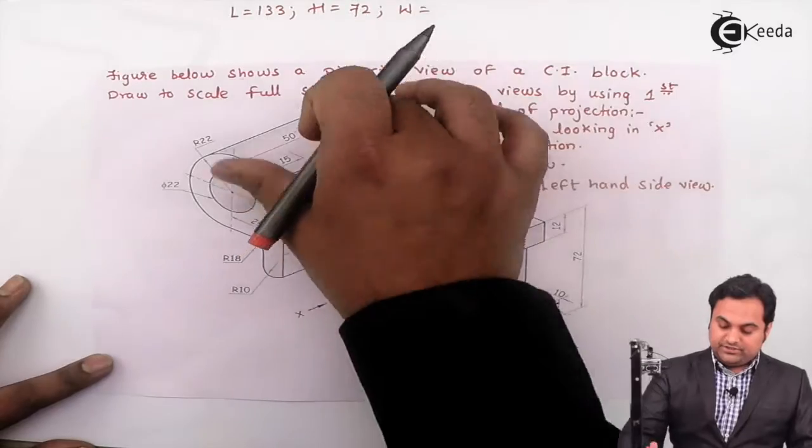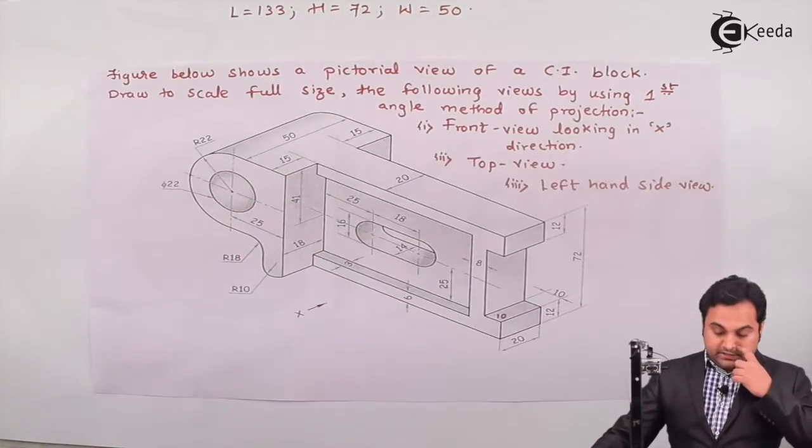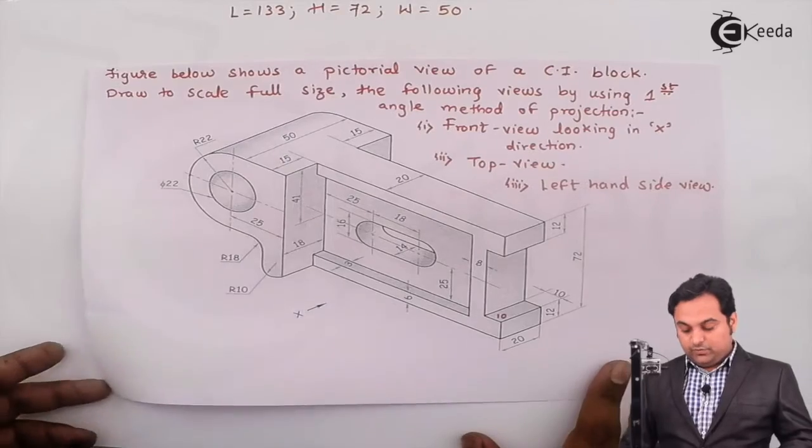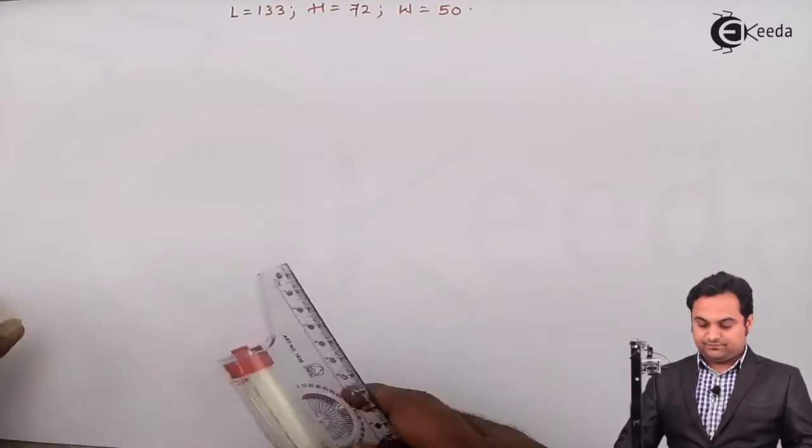The width of the object is 50, maximum width. Now once the length, height and width have been understood, we can start with the problem. So here I'll be explaining the spacing first.